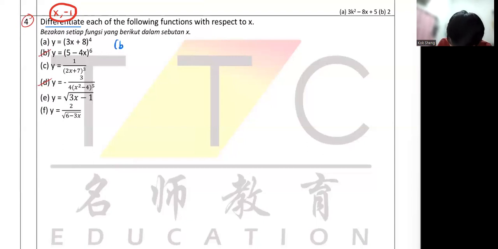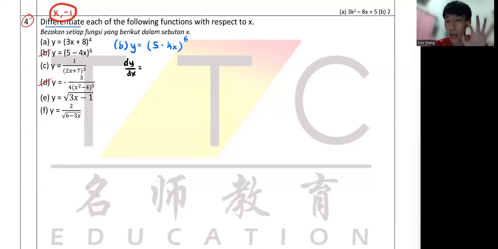So let's start from a B here. Okay, copy correctly. So first thing first, of course, the symbol dy over dx.